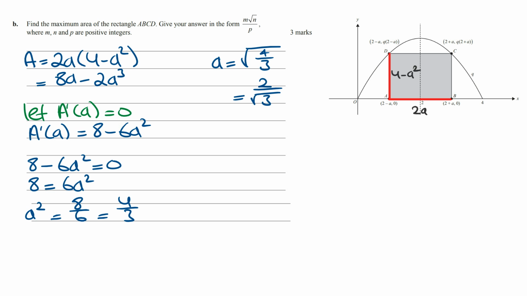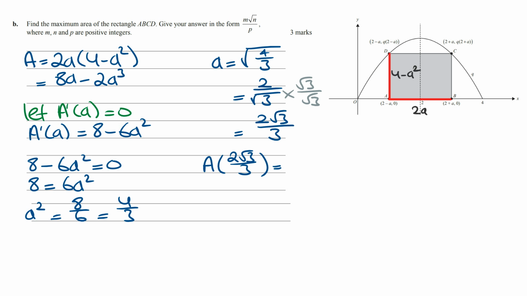And now rationalizing the denominator, we multiply by root 3 on root 3, which means a is equal to 2 root 3 on 3. And so when a is equal to 2 root 3 on 3, the area of the rectangle is going to be a maximum. To find this maximum area, we need to evaluate A of 2 root 3 on 3.